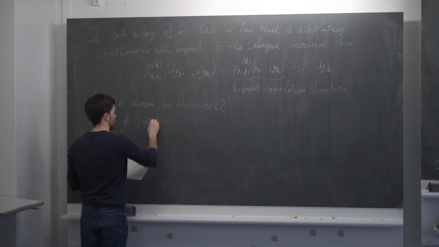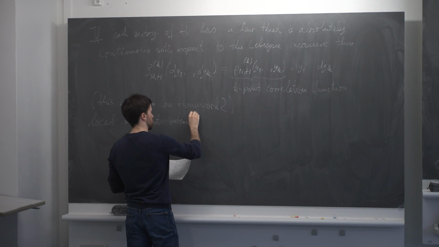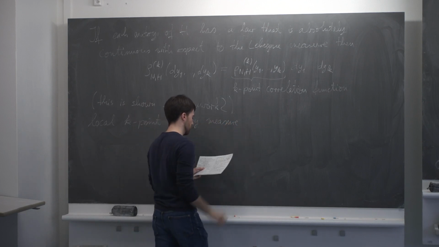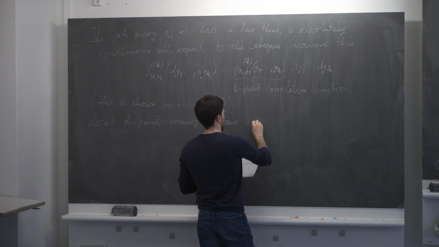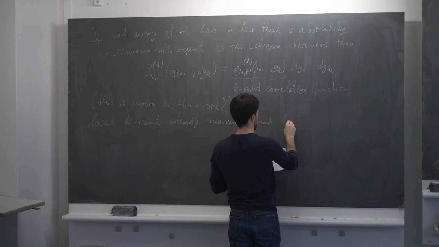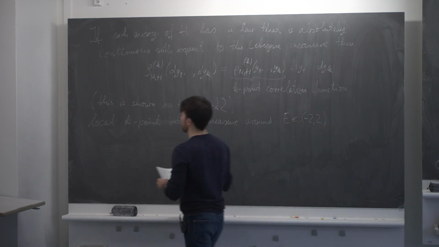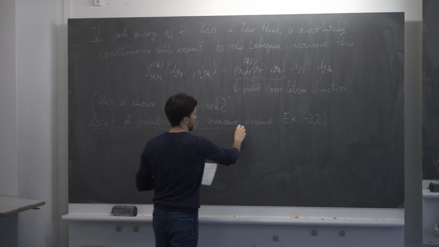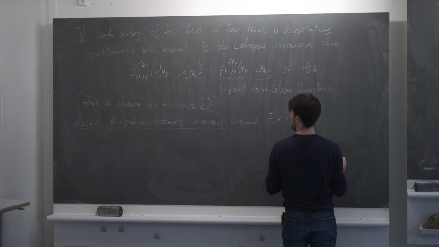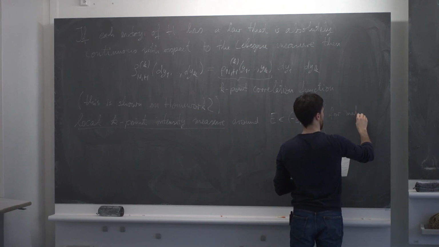So local k-point intensity measure around E in minus 2, 2. And note that this again depends on the matrix H.